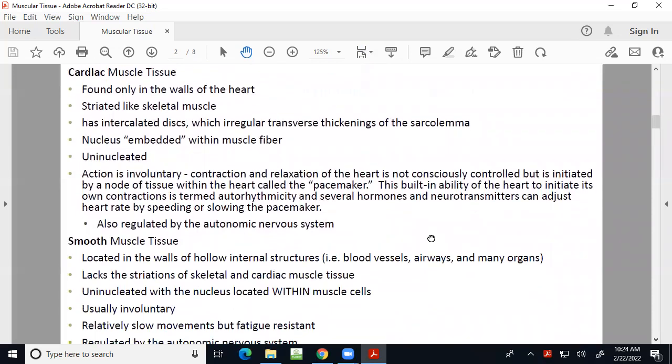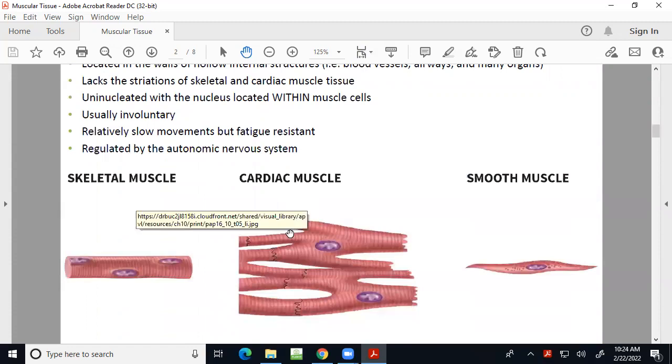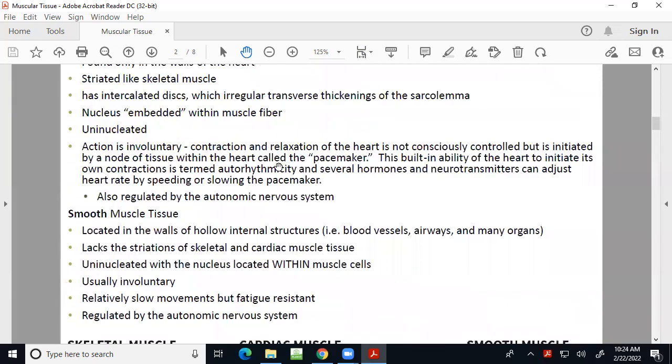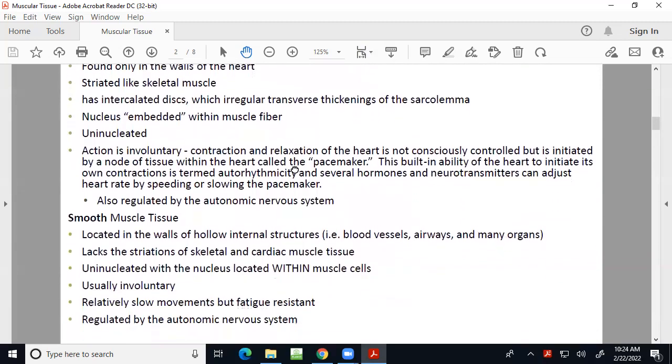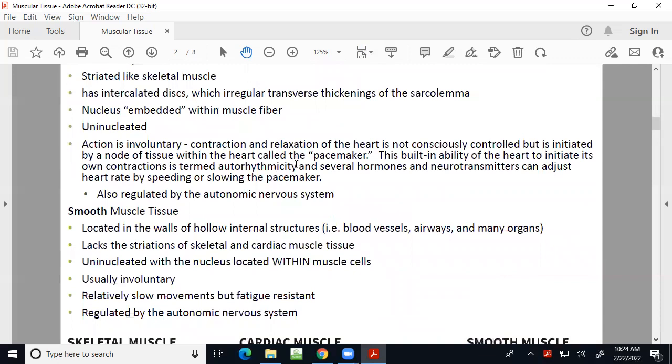Cardiac muscle tissue, once again, is found only in the walls of the heart, and is striated like skeletal muscle. A key feature that you find in cardiac muscle that you don't find in the other two is these little zigzag lines. Those are what we call intercalated discs, and we'll find out later on in the semester what the importance of those is. But those are just irregular transverse thickenings of the sarcolemma.